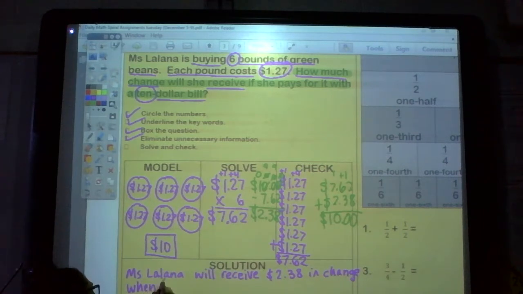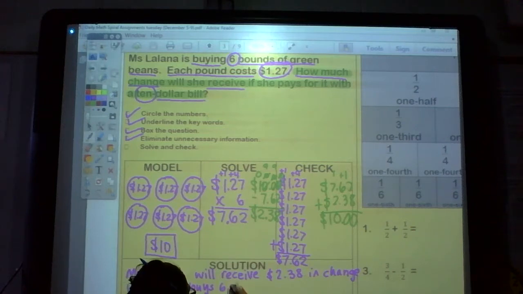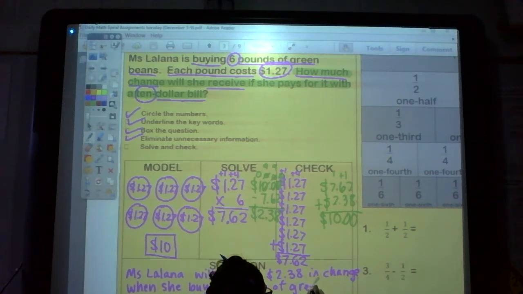when she buys, we can write, 6 pounds of green beans and pays for it with a $10 bill. Do I have room for that?